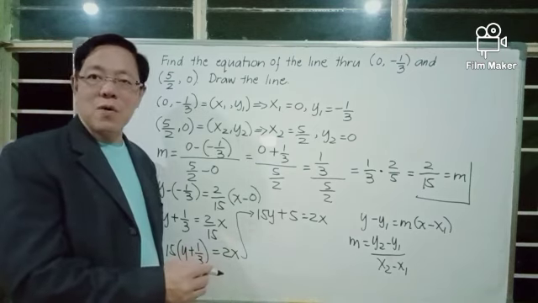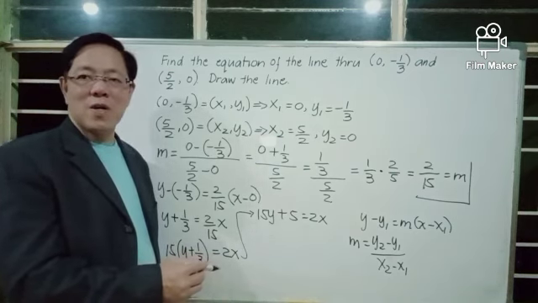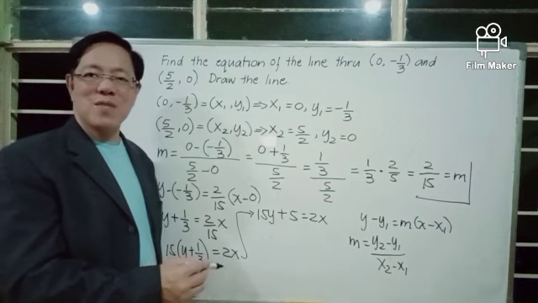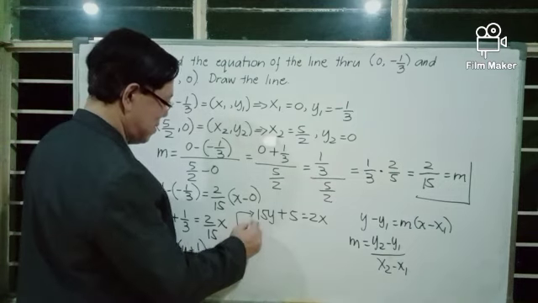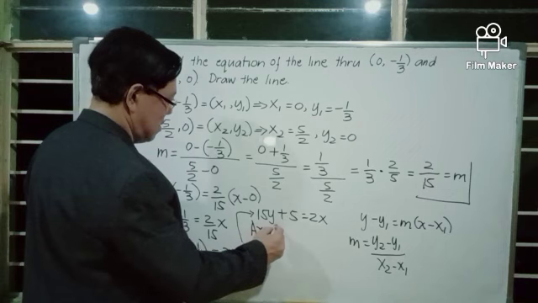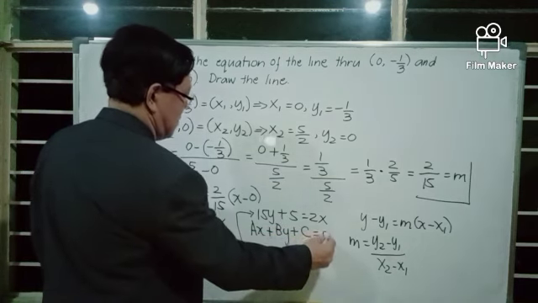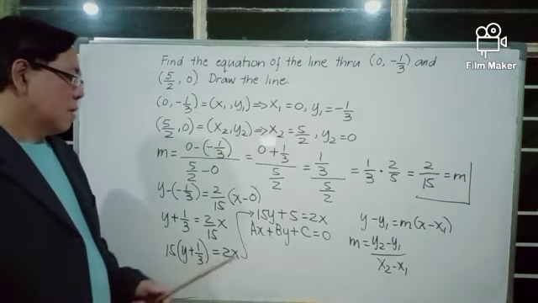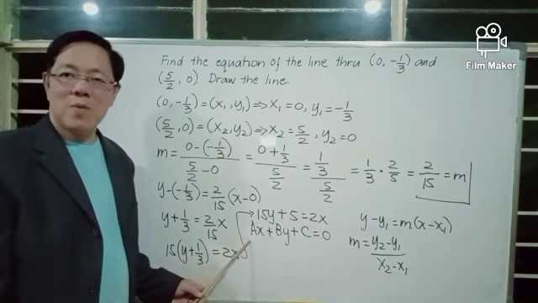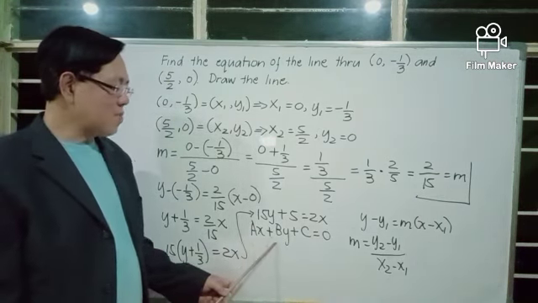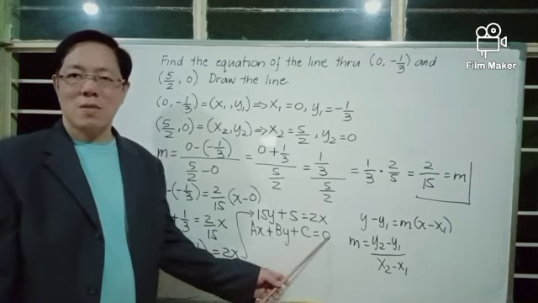The standard form, or the general form of equation of the line, is of this form: Ax + By + C = 0.